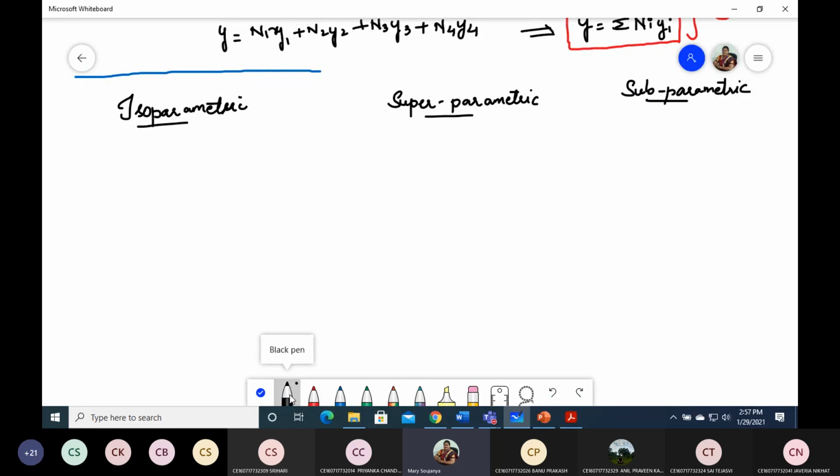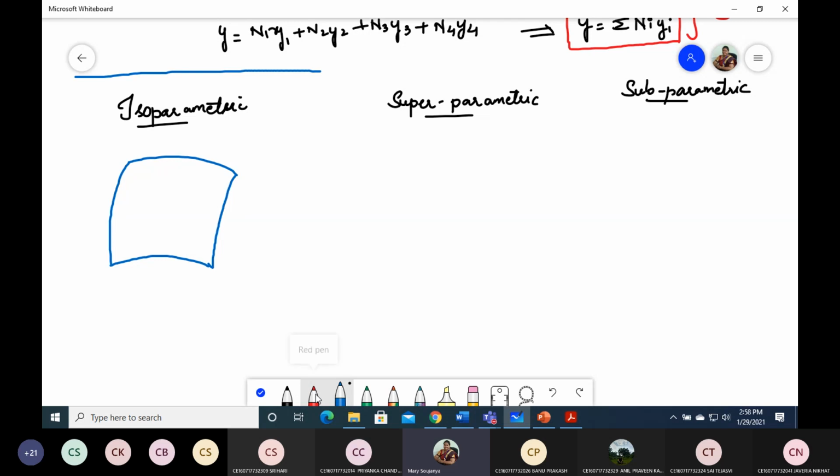Now see, supposedly I have some element like this, a curved structure or curved element.